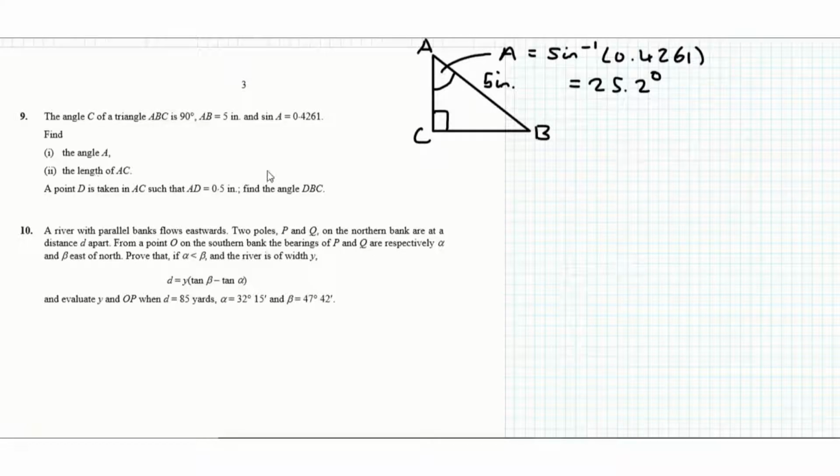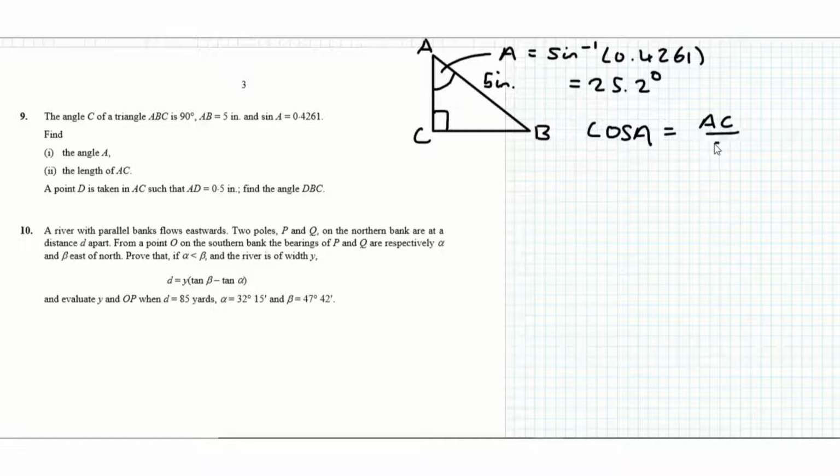Now we want to find the length of AC. Well, we now have this angle here, we have this side, and we're looking for this AC here. So relative to this angle, we have the hypotenuse and we have the adjacent. So we're going to look at cos. So we know that cos A is equal to the adjacent AC over the hypotenuse 5.